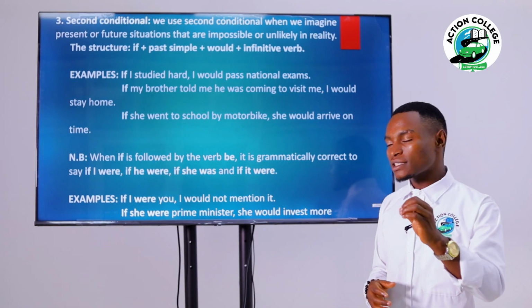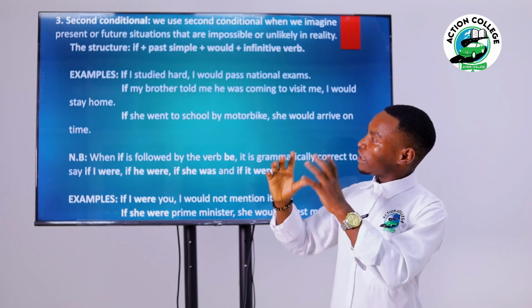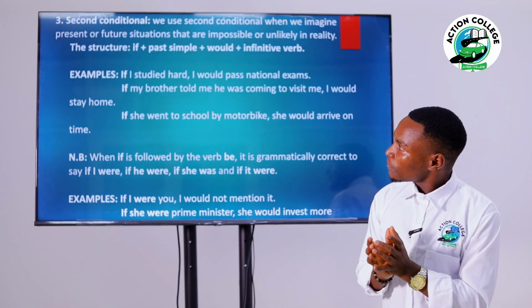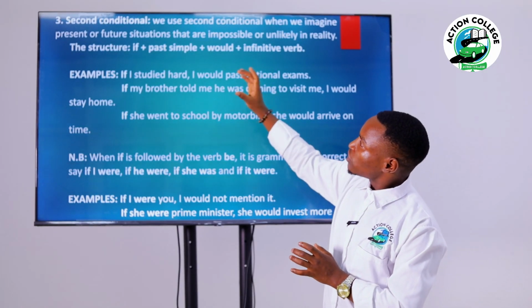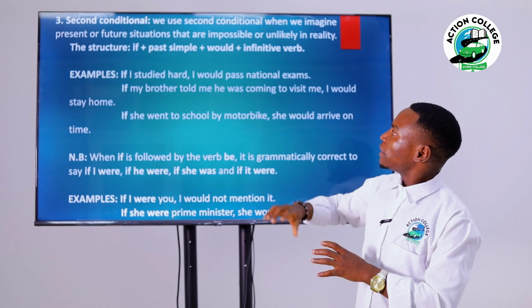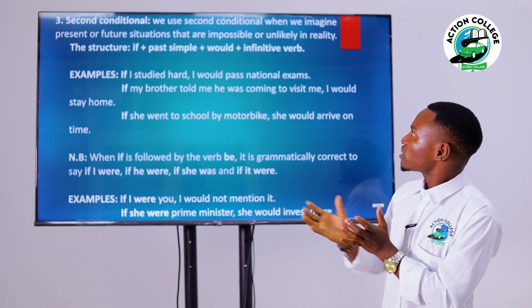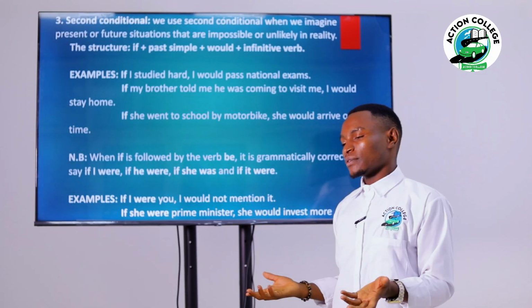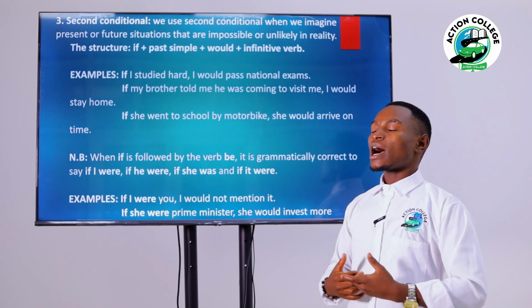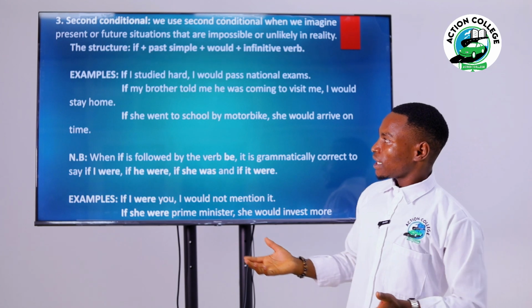As it said in the meaning of this type, we use this when we are talking about the impossible or the situation which is unlikely in reality. In reality, I did not pass.